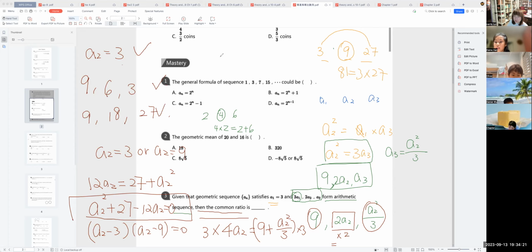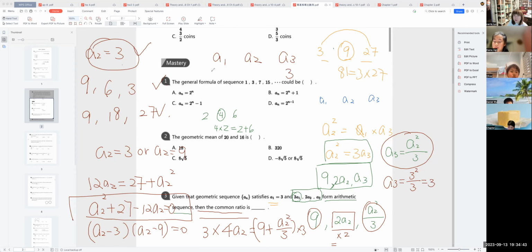Ratio is what? You need to find out what is A1, what is A2, what is A3. Get it, Oliver? I know it is hard, I know, okay? But remember, we have A3 here. So A3 equals 3 squared over 3, because when A2 equals 3, right? So A2 equals 3, A3 equals 3.